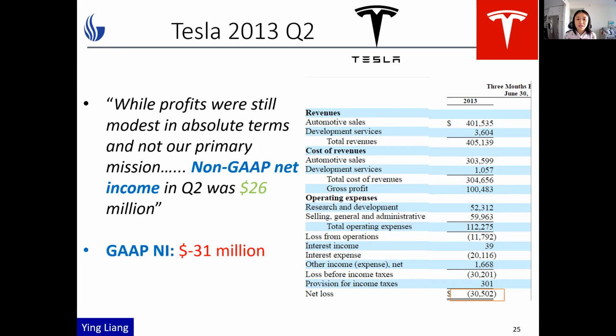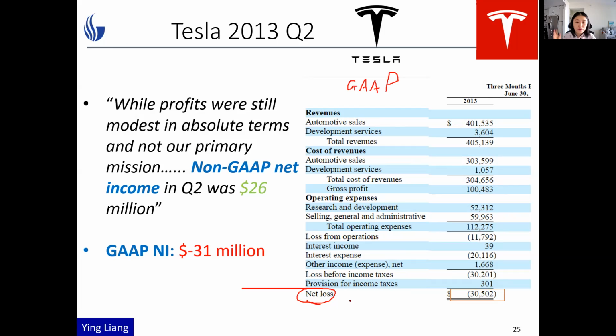Here, I posted the Tesla 2013 Q2 earnings. On the right-hand side, you will see the GAAP figures. This is according to generally accepted accounting principles, the income statement that we talked about before. At the very end, they have a net loss, so it is a negative number, almost 31 million.